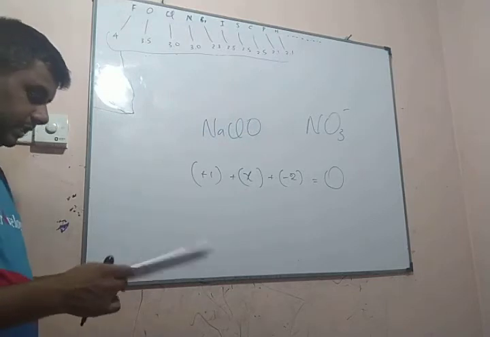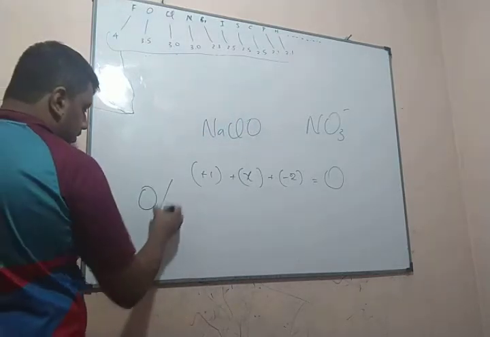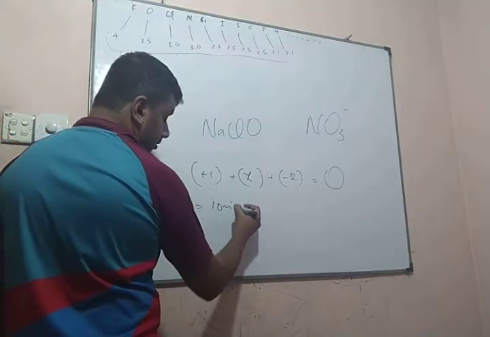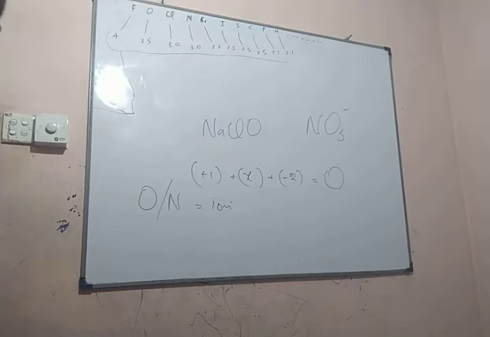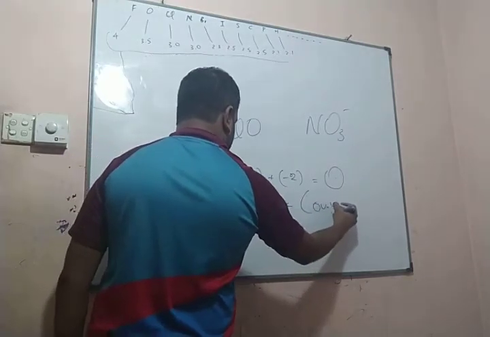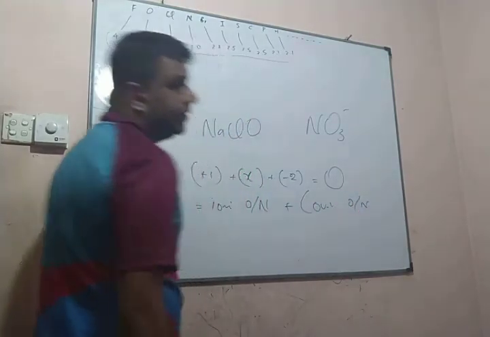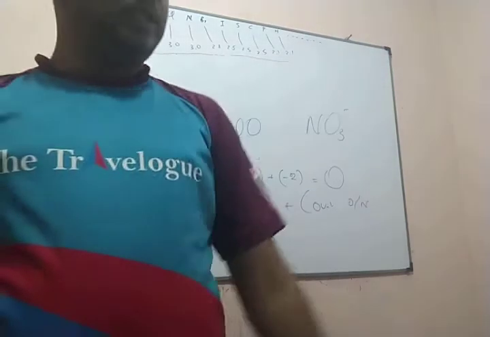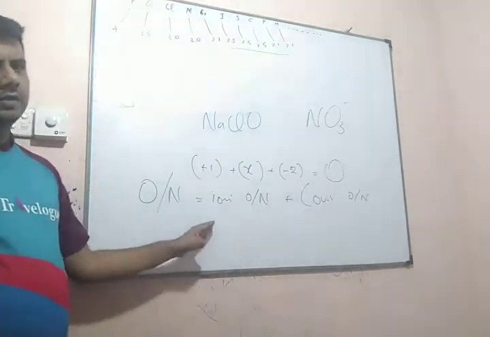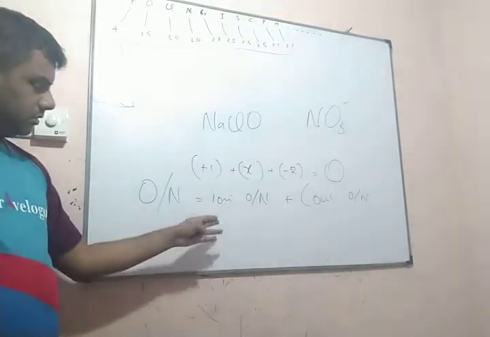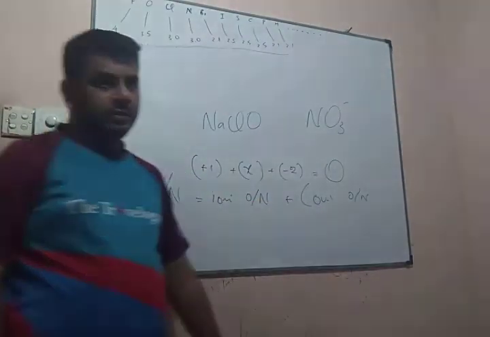Another important thing: the oxidation number will also be equal to the ionic oxidation state plus the covalent oxidation state. Ionic oxidation number plus covalent oxidation number. How to assign that? Same way: the charge obtained by ionic bond, plus the charge obtained by covalent bond.